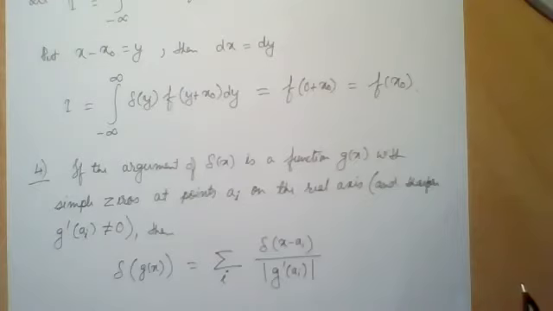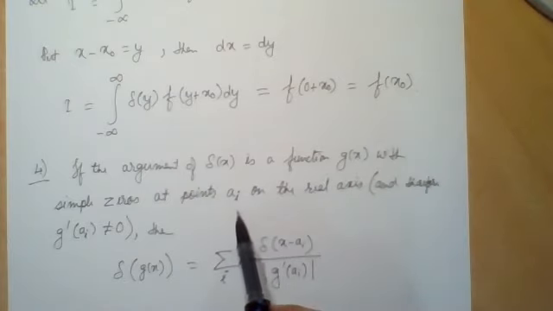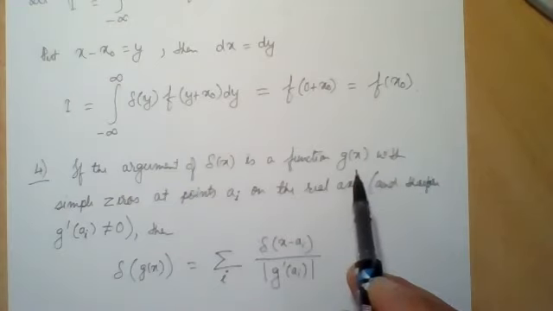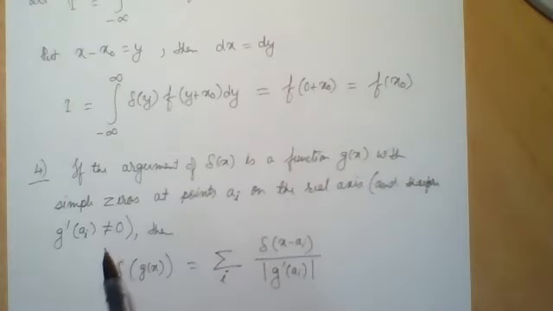Okay, this is the fourth property. I repeat, I have a function g of x, and g of x has simple zeros at the points ai. There can be many points. Simple zero means the function is 0 at the point x equal to ai, but the first derivative is not 0 at the point ai. Okay, that is fine.